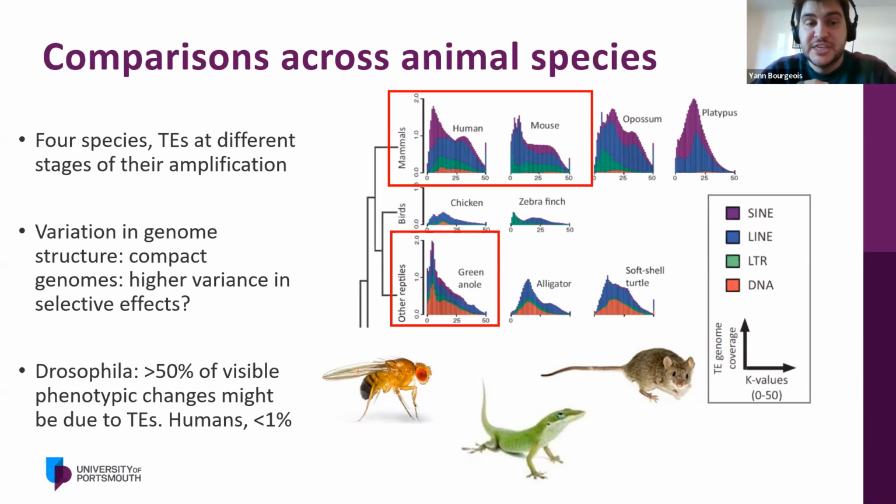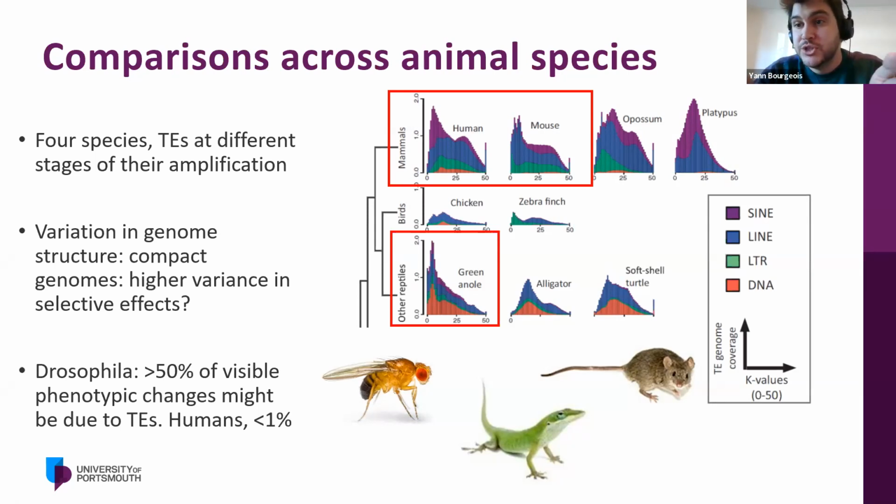For example, we don't necessarily expect the same distribution of fitness effects. In compact genomes, a TE insertion is more likely to insert in a region that has a function, biologically speaking, from an evolutionary perspective. So maybe we would have a higher variance in selective effects, with a lot of TEs that are strongly deleterious and a few TEs that are strongly positively selected.